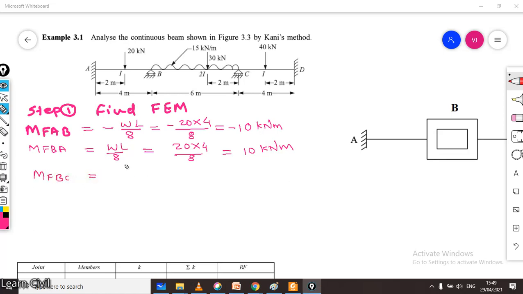MFBC is equal to minus WL square upon 12 minus WAB square upon L square.